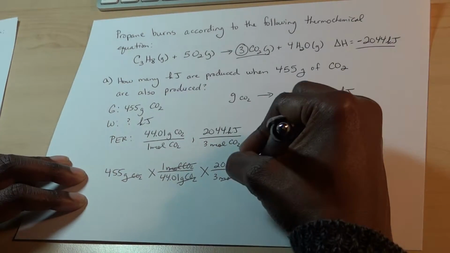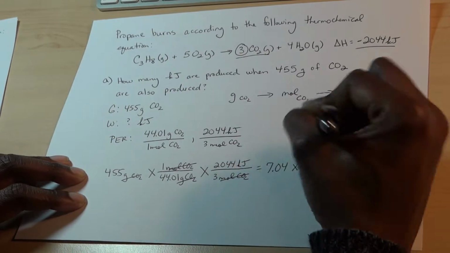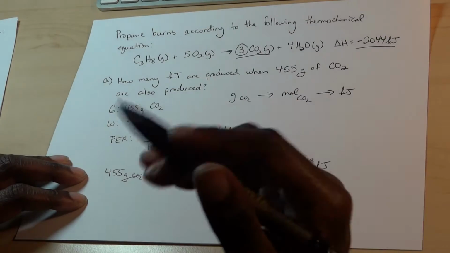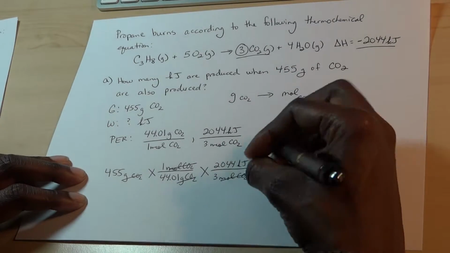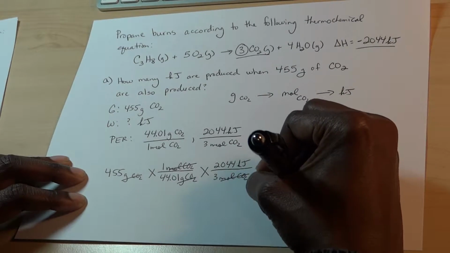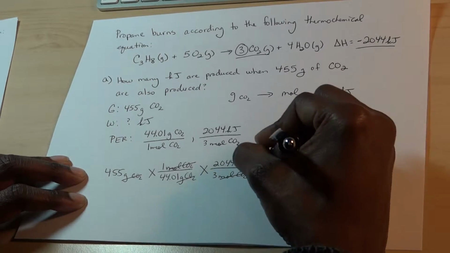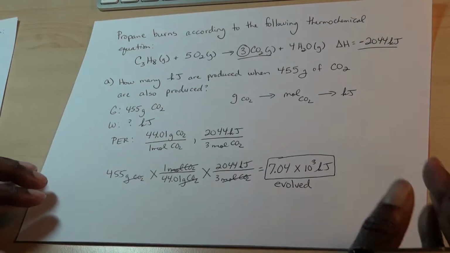And we get 7.04 times 10 to the third kilojoules. And then we can also say whether it's absorbed or evolved. In this case, the negative sign means it was evolved. If it was positive, then it would be absorbed.